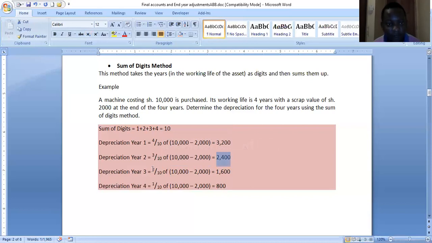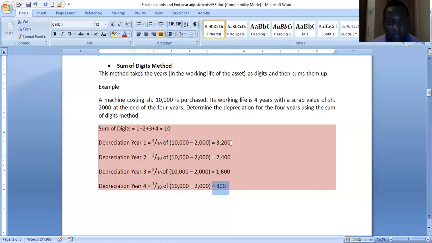Year 3, we take 2 divided by 10 multiplied by 8,000 will give us 1,600. And finally, in year 4, we take 1 divided by 10 multiplied by 10,000 minus 2,000, which is 8,000, will give us 800 shillings, being the depreciation on year 4.